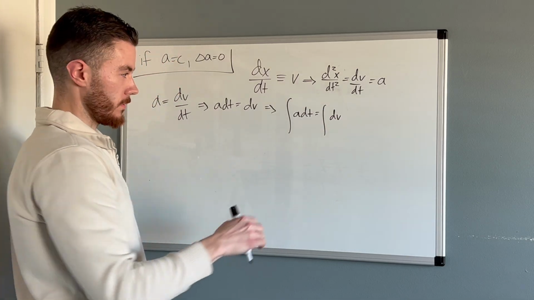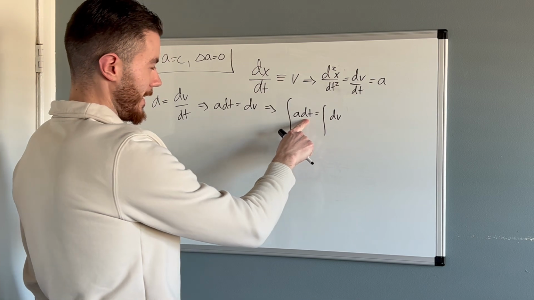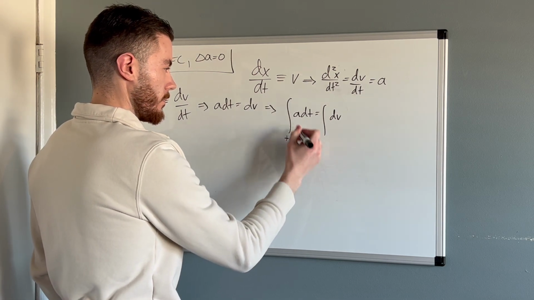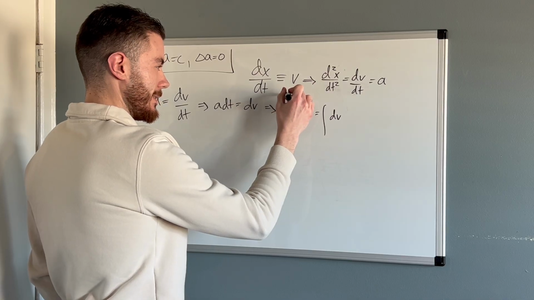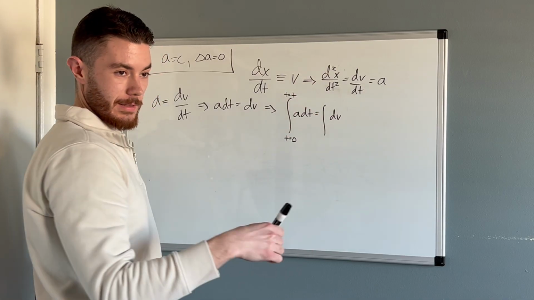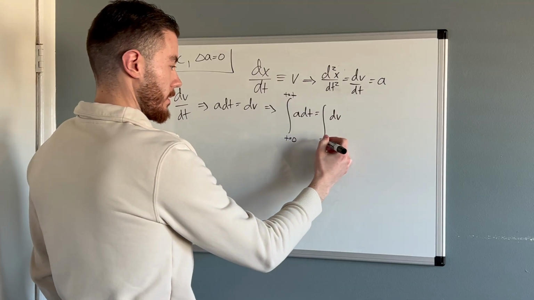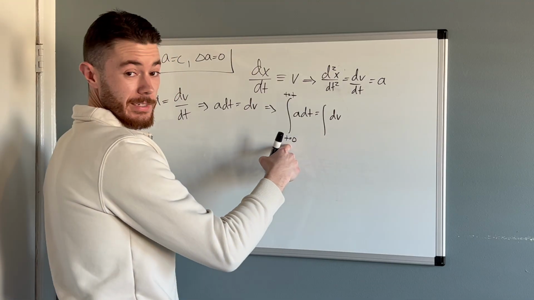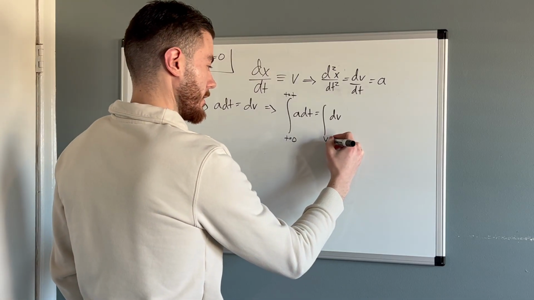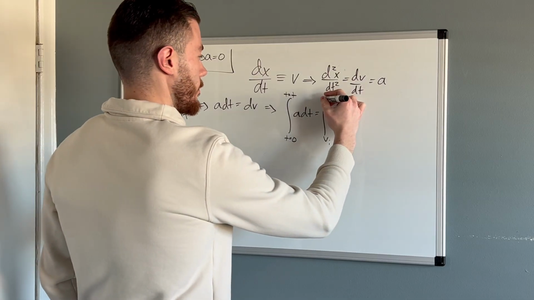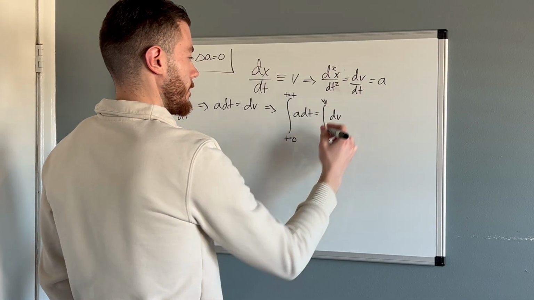Bounds on the integrals. This is an integral over time. It's going to start from t equals 0 to some t equals t later. The velocity integral is going to go from the velocity at t equals 0, which is the initial velocity vi, to the velocity at some later time t, which let's call vf.